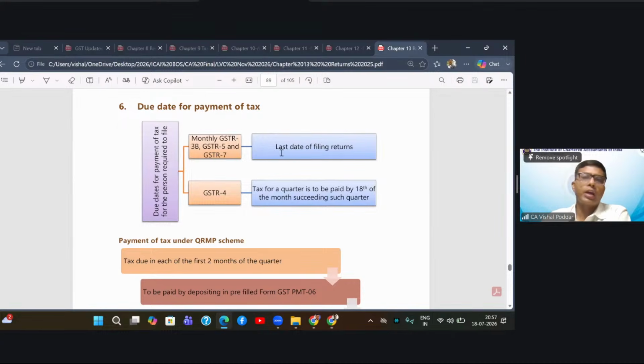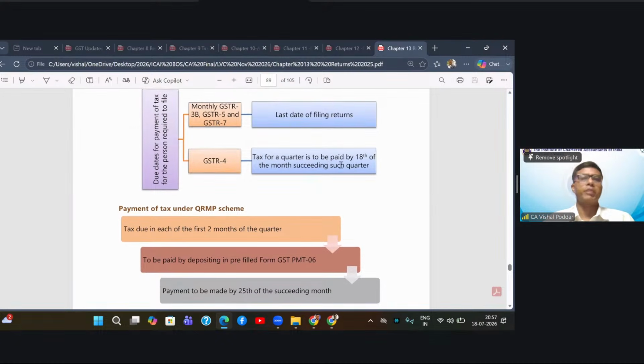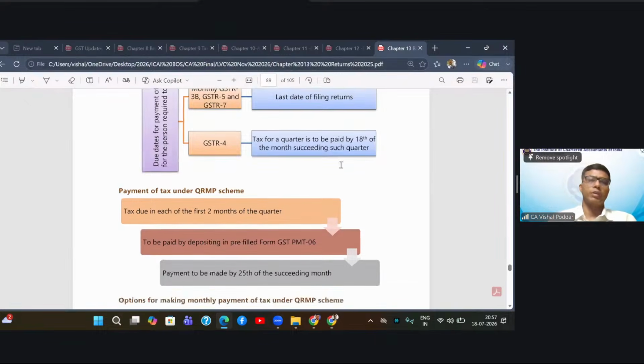So whatever is the last date for filing of the returns is also your due date for making payment of tax. And for composition dealers only, there is a separate due date because their returns are annual, but they have to make payment quarterly. So since their return is annual, for them there is a separate quarterly due date for making payment of their taxes, which is by the 18th of the month after the end of the quarter.